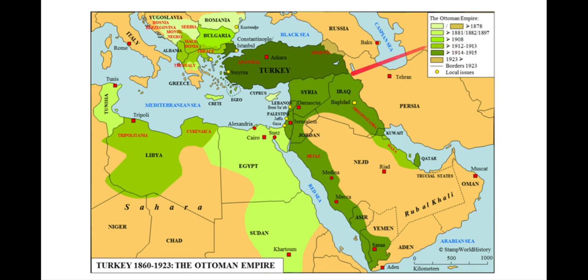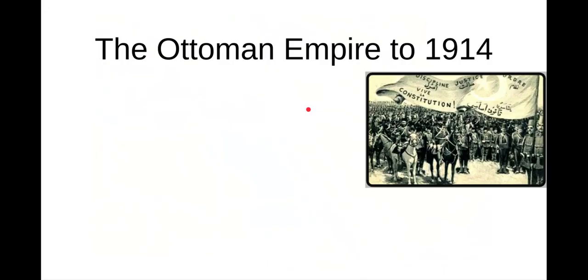Notice how many of these bits fall in the midst of World War I, right prior to it and after. This entire area collapses during the course of World War I. And then even afterwards, there is some collapse. So we'll talk a little bit about that.